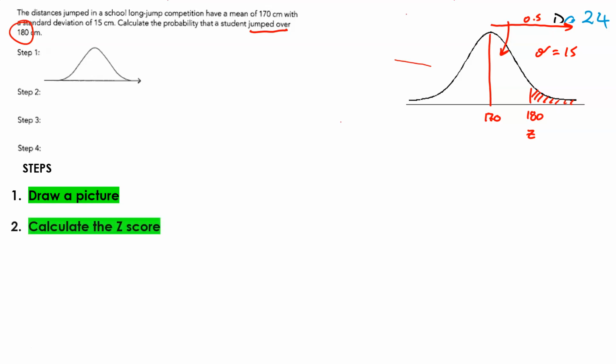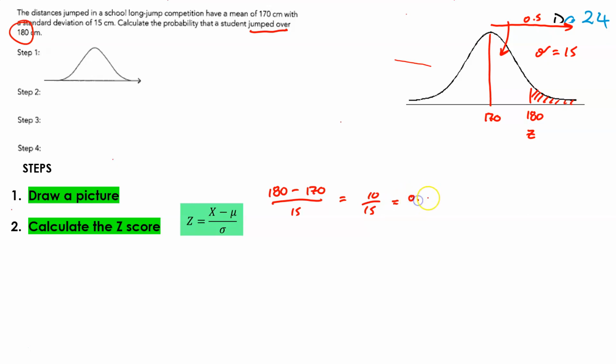So the next thing is we need to find what 180 is as a z-score, in other words, in proportion of the standard deviation, using the formula. So 180 take away 170 over 15, which gives us 10 over 15, which in other words is 2/3.